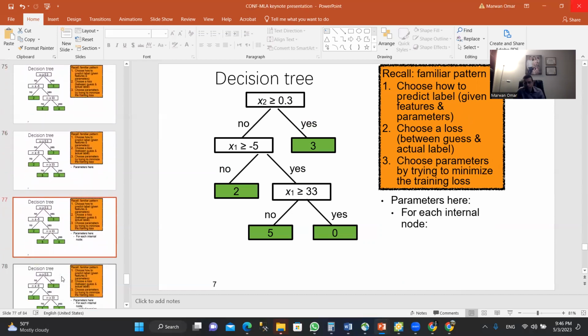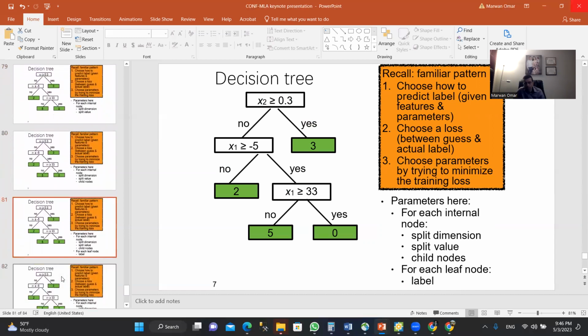The parameters here are for each internal node. We split the dimension, we split the value, the child nodes, and for each leaf node, there's a label. So the parameters here don't have a fixed dimension.